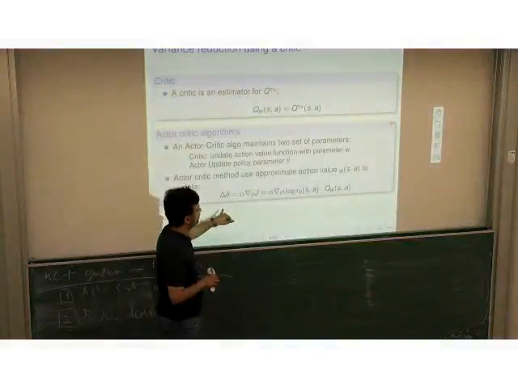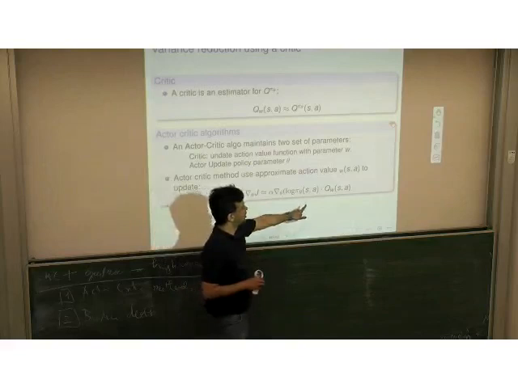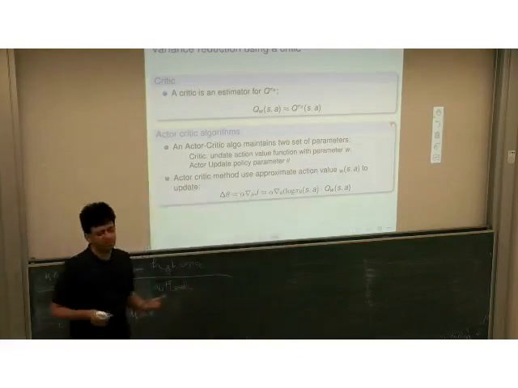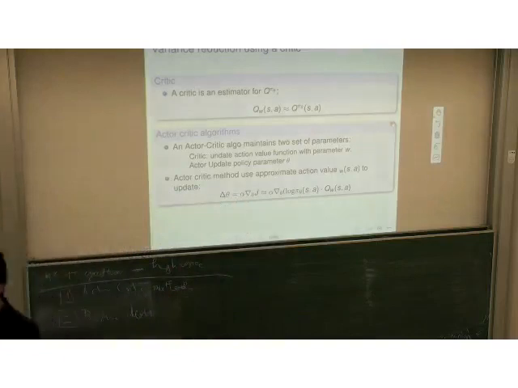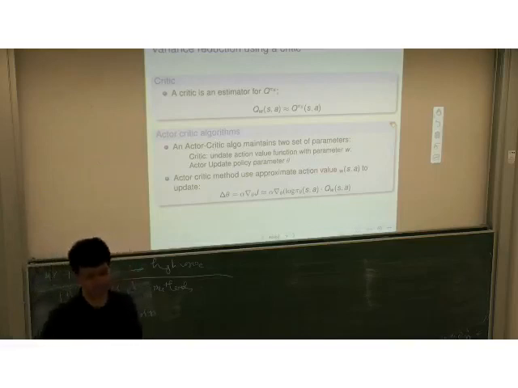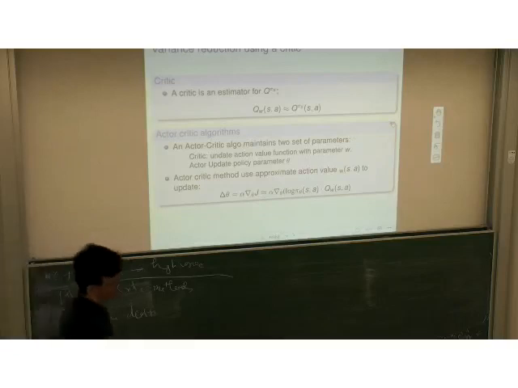The actor updates the value of the policy parameter depending on what the critic has produced as Q. So the critic produces some Q, the actor updates the policy parameter. This is like separation of jobs. You should have different classes and different functions to do different jobs. That's what it means.